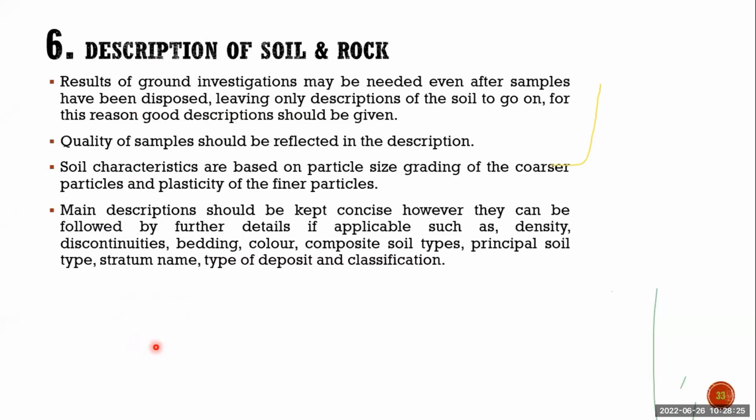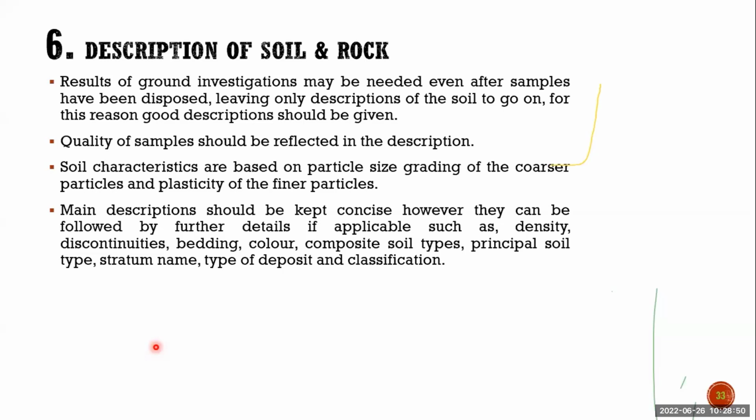Then description. We collect the sample and place it in the core box, or we do the trial pit excavation. Now we have to make sure this sample will be described in the report in a proper way. In the report, we call it logging, which means we will log and analyze the soil.